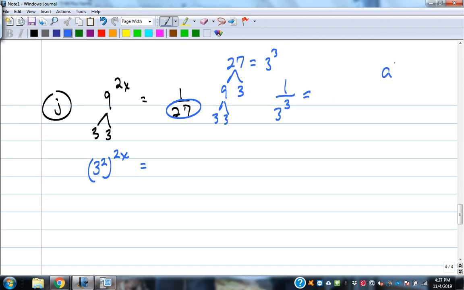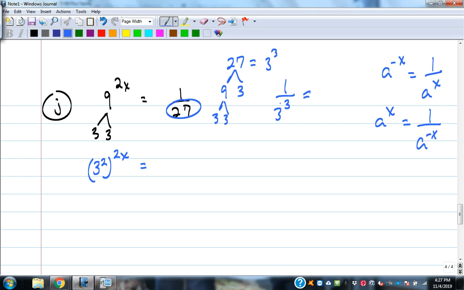Remember, there's a negative exponent rule that if you've got a negative exponent, you can rewrite it and change the sign of it by moving its location. So if it's in the numerator and it's negative, if you move it to the denominator, it becomes positive. And the opposite is true. If it's negative in the denominator and you move it up to the numerator, it becomes positive.